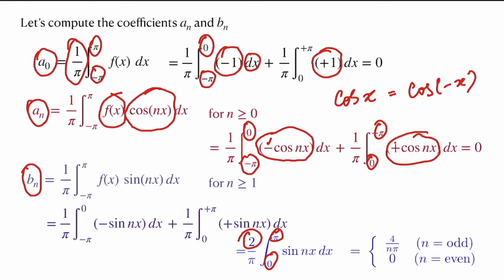So when n is odd, we get the value of this integral to be 4 by n pi, and when n is even, it becomes 0 because the function is equally distributed around the x-axis, and the values on the upper side get completely cancelled by the values on the negative side, and then we get the integral 0. So now we have all the coefficients.